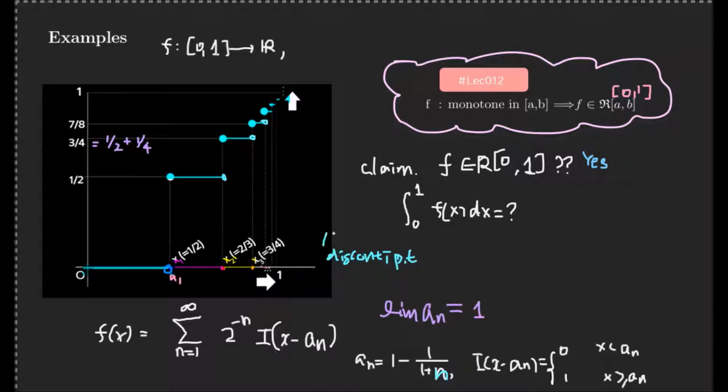If we count the discontinuous points, this is the countable, denumerable case.